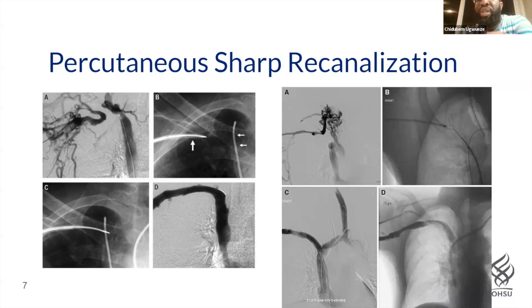That access can be on the other arm, in the legs, or anywhere else, but you need access on the other side of the stenosis so that you have through-and-through wire access going across your area of stenosis and out the other side. So it doesn't matter which vein you choose, you just have to pick a vein large enough to accommodate the sheath that you need to place to do the procedure.